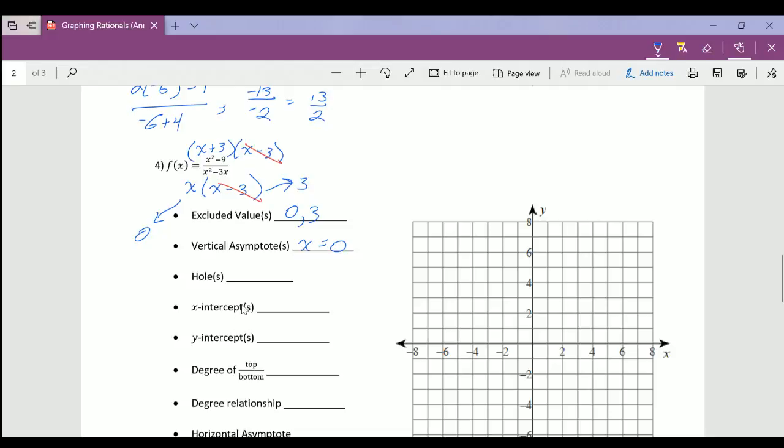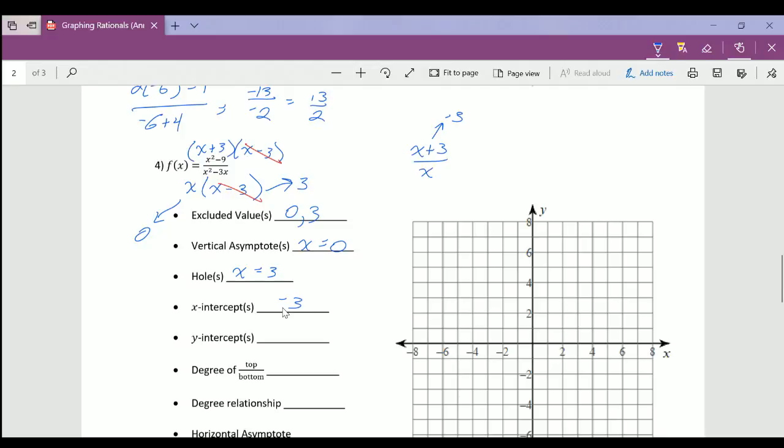And the hole is going to be where x equals 3. Alrighty. Our simplified version of this is going to be x plus 3 over x. To find the x-intercept, you're looking at whatever would cause the top to be 0. In that case, it's negative 3.